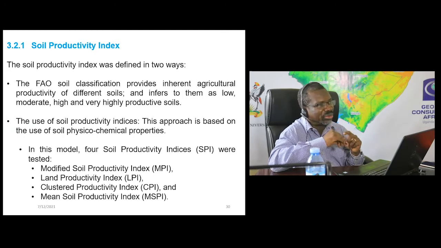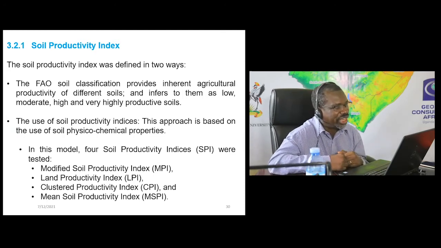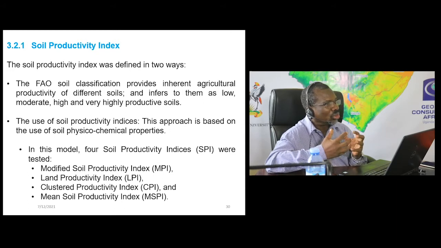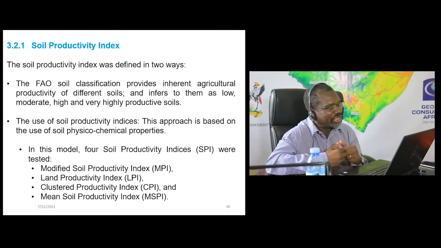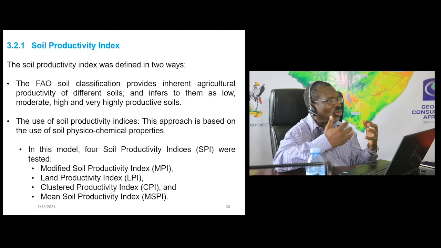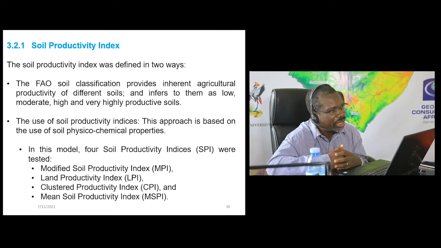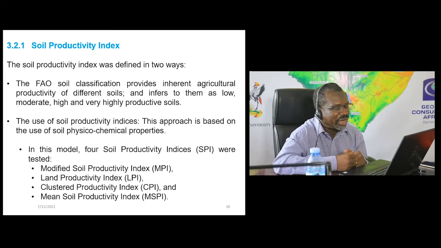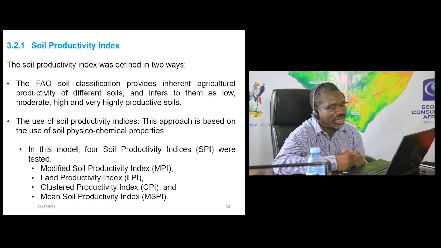models, as I said, which were generated between the 70s and 80s, the modified soil productivity index and the land productivity index. But we also tried to modify some of these models to bring in some kind of clustering of productivity, and also looked at what the mean factor rating could give in terms of productivity index.